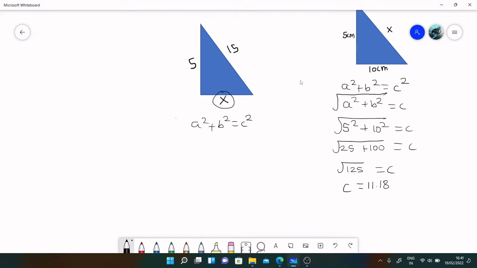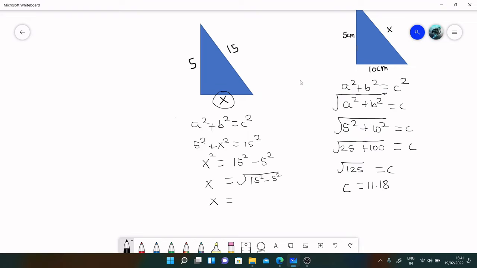We'll substitute the values. A square, let's keep it 5 square, plus x square equals 15 squared. We need to make x the subject, so we'll move 5 square to the other side first. So x square equals 15 square minus 5 square, and then x equals square root of 15 squared minus 5 squared.